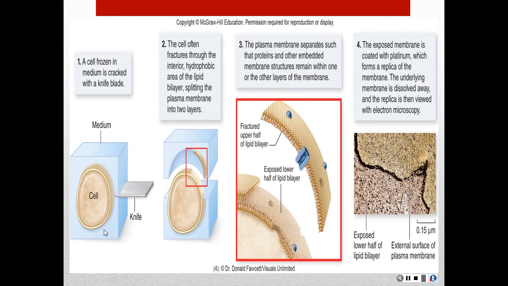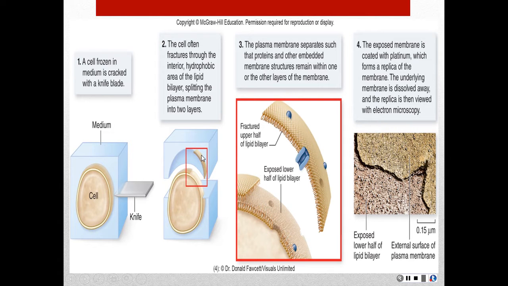The cell was frozen, and then they used a knife blade to crack it open. The cell often fractures through the interior. So you see that they did cut it, but you notice part of the cell was fractured, and a little piece of it is in the box that was removed.